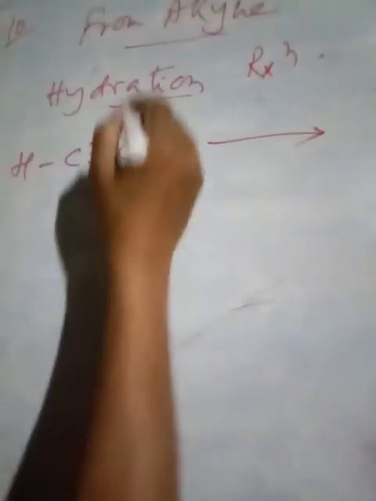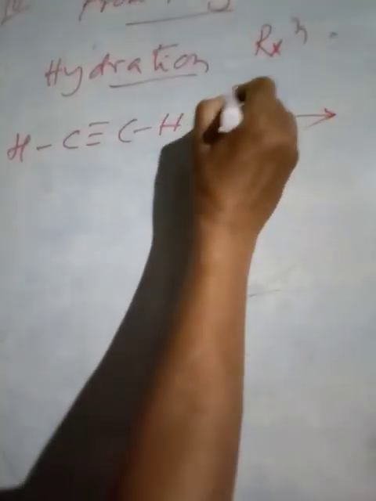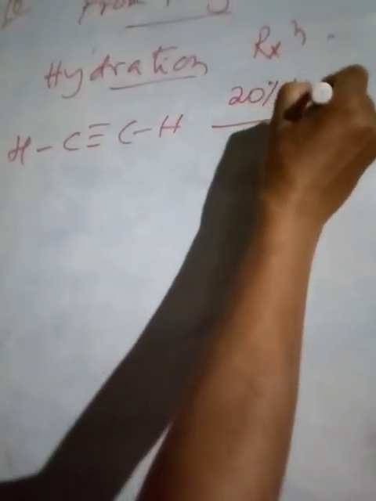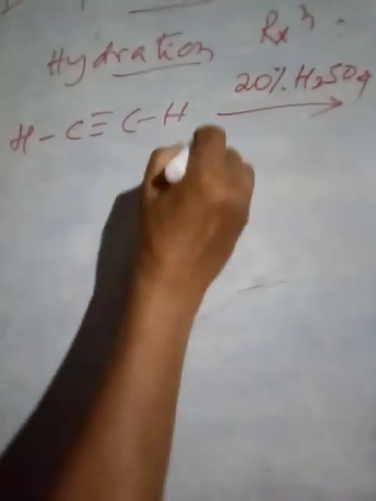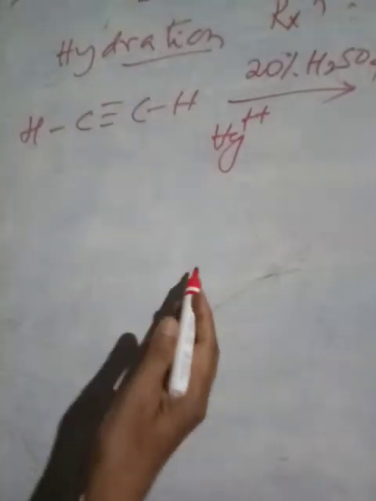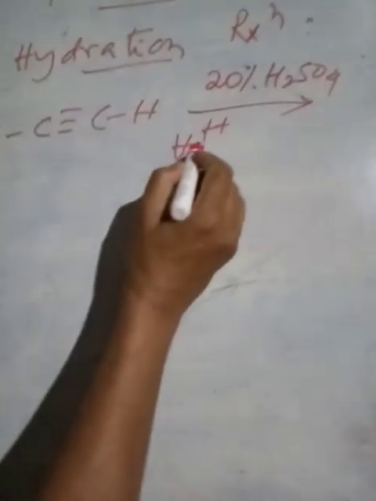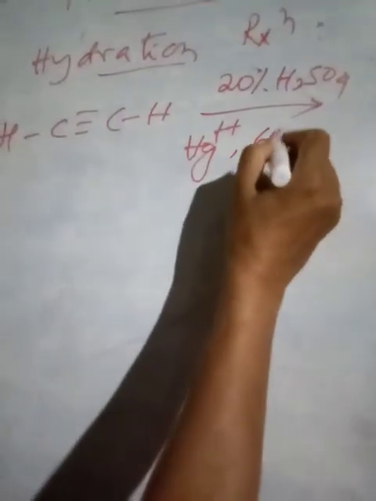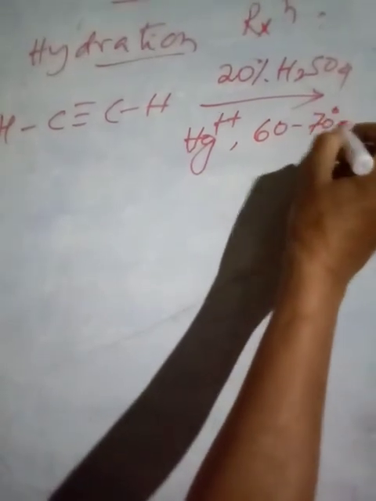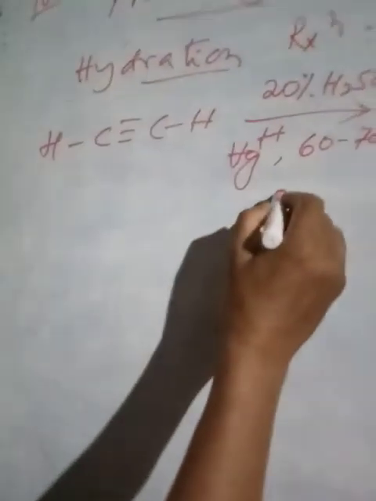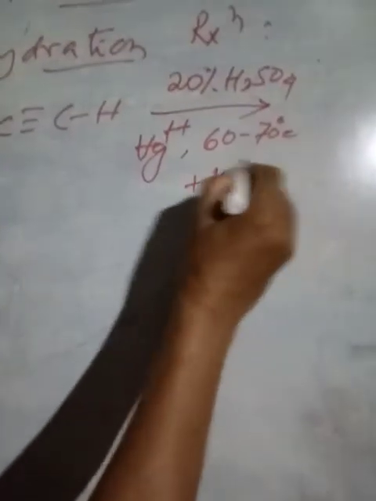Hydration means addition of water. Here you have to take dilute 20% H2SO4 in presence of mercuric ion as catalyst, mercury chloride, mercury oxide or mercuric sulfate, and temperature 60 to 70 degrees centigrade. Here 1 molecule of water will be added. 20% H2SO4 means 80% water.